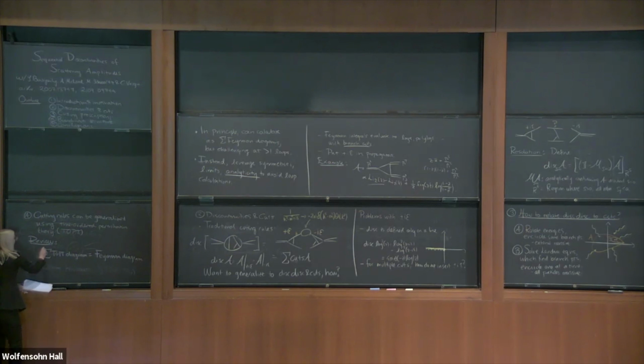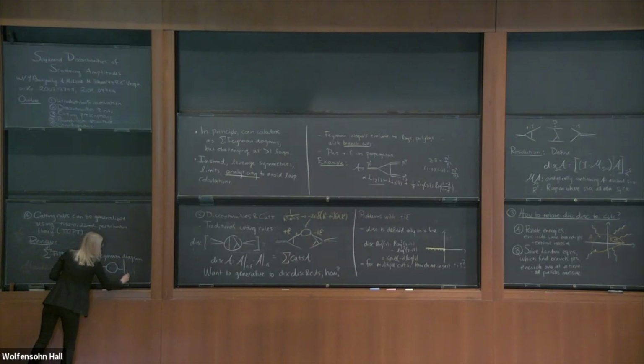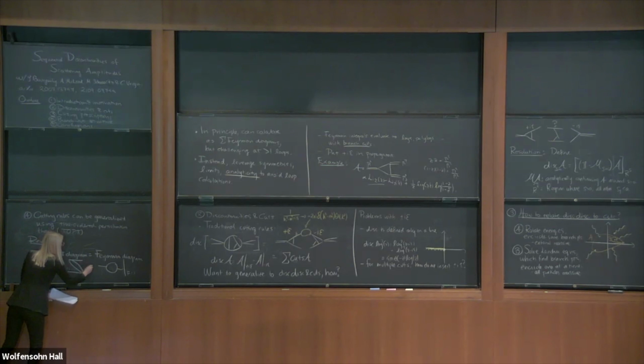So we actually get this b factorial, where b is the number of vertices in the diagram. So for example, for the bubble, if I draw my Feynman diagram to be a bubble, then in time order perturbation theory, I would have to take into account both possible time orderings of the vertices.